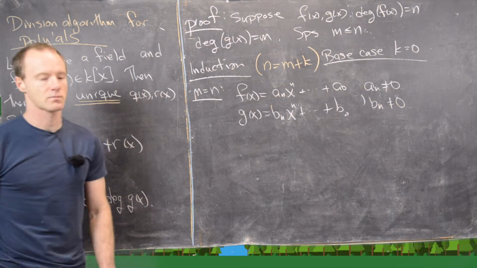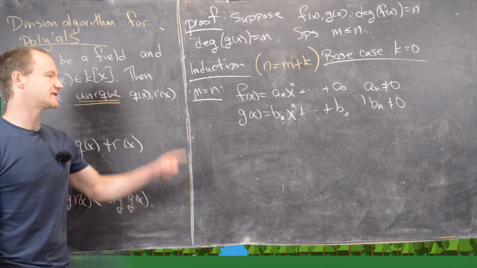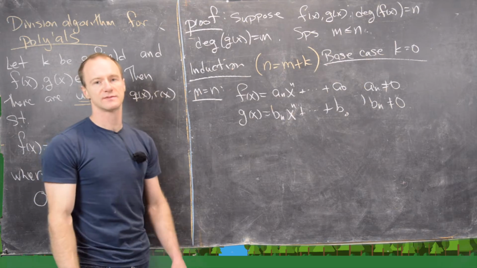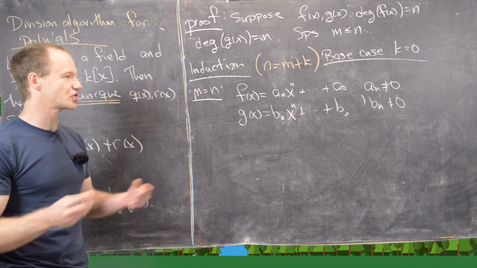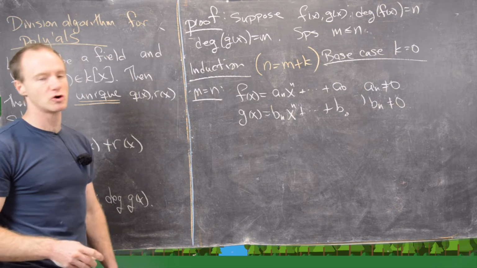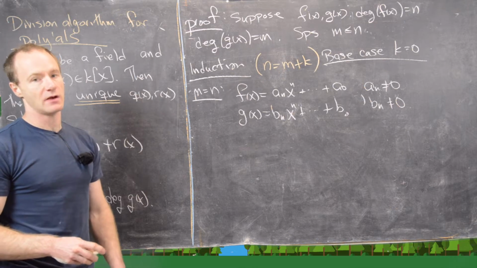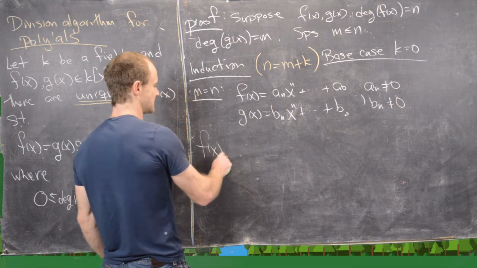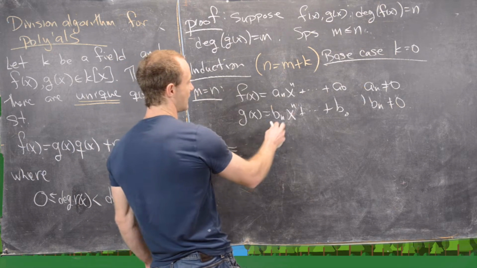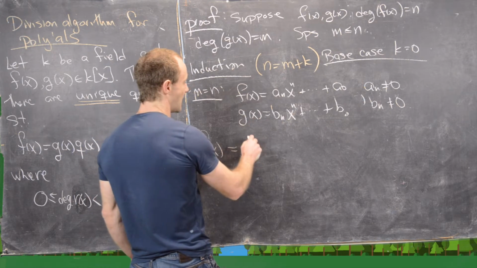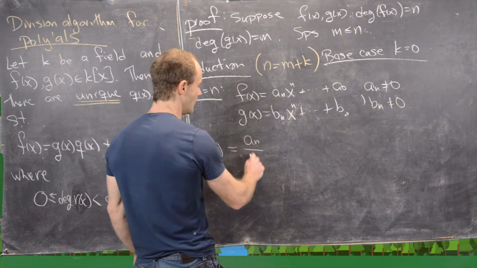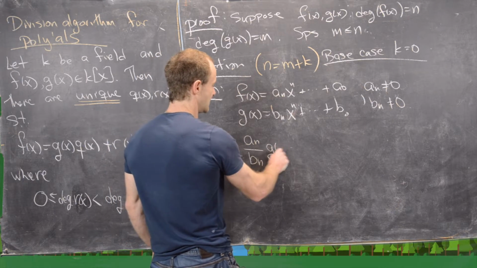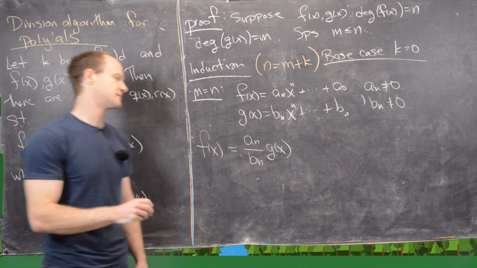Great. Now the next thing that we can notice is that if we have two terms with the same degree, it's actually pretty easy to form this quotient remainder relationship, and we can do that in the following way. So notice we can take f of x equals, now if we multiply g by a_n over b_n times g of x.